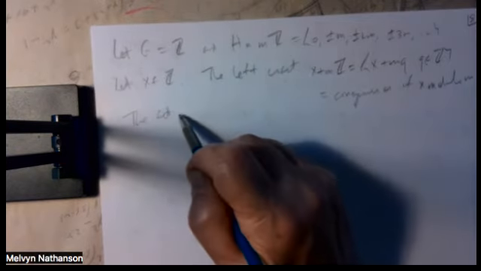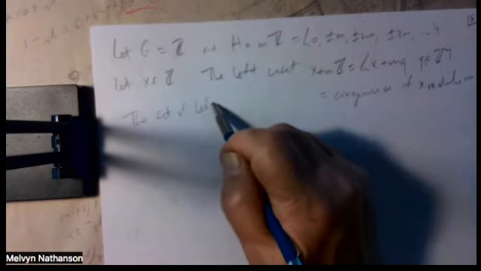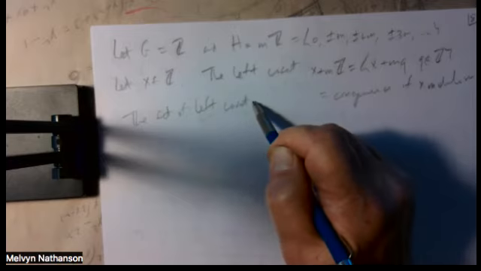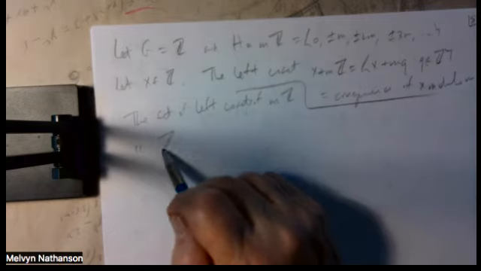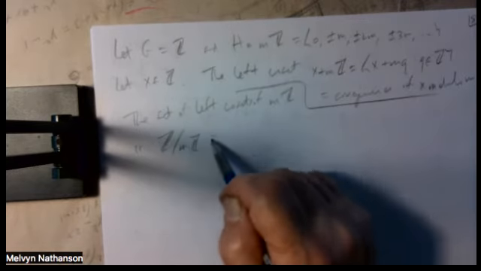So the set of left cosets of MZ is Z mod MZ, or Z sub M. This is the set of all left cosets, X plus MZ, where X is 0, 1, 2, up to M minus 1.